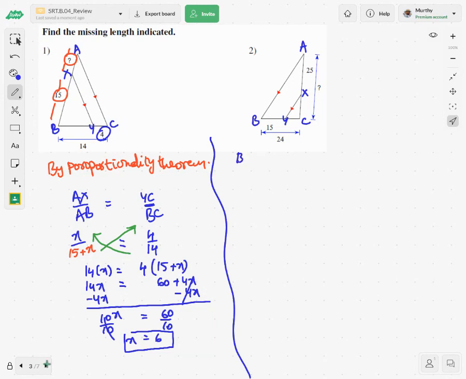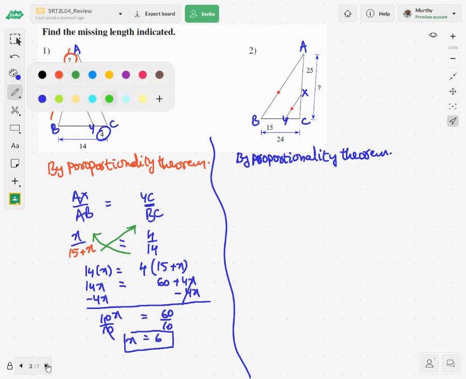Here, by proportionality theorem, as I told you before, setting up the proportion is really difficult. If you make a mistake, your sum will be gone. So here, I see 15 here, and the corresponding value is given as 25. So I have to take those values as numerators.